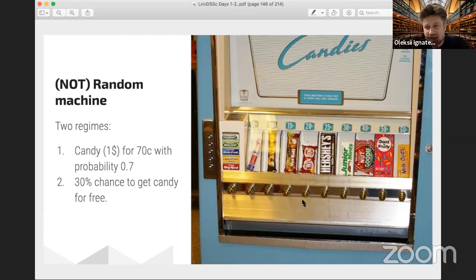There was a candy machine, I believe it was at Stanford or something. And there was a special regime where you could put this candy machine into gaming mode.